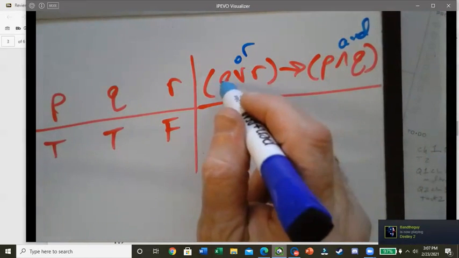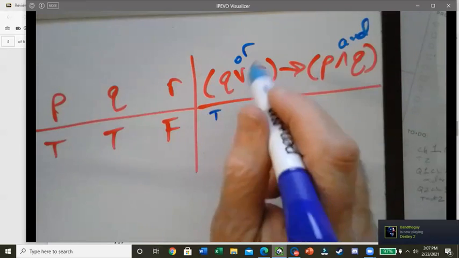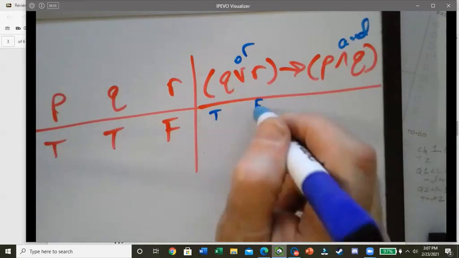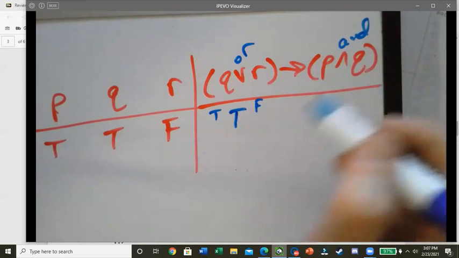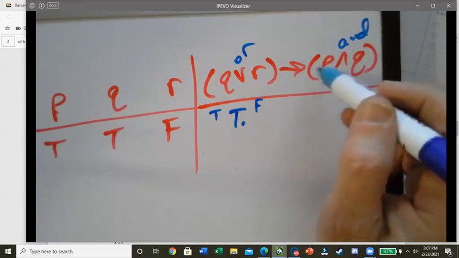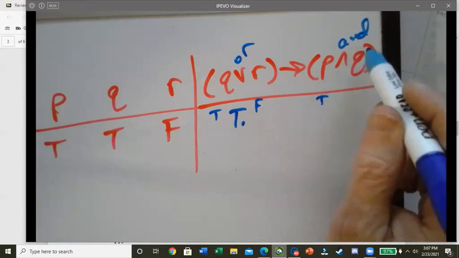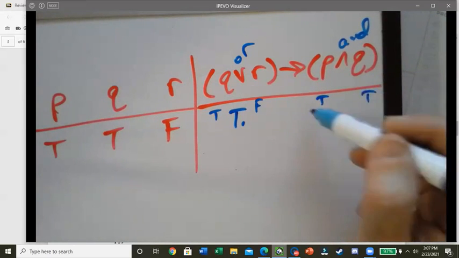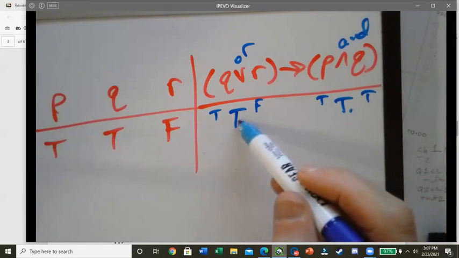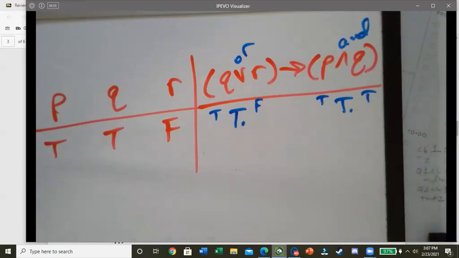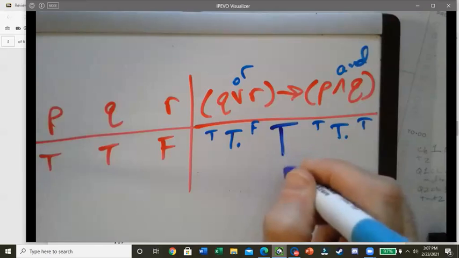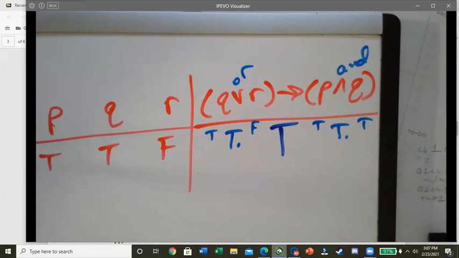So here we're saying Q is true, R is false. So true or false would be true. So now we've got to do the other part. P is true, Q is true. So true and true is true. So therefore, if true, then true is true. So our answer is true.